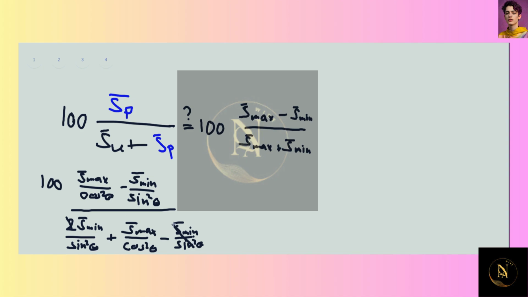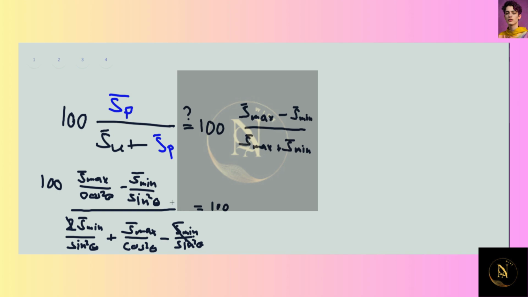So this last one cancels the 2 from the first component in the denominator. So now we have 100 times S bar max over cosine squared theta minus S bar min over sine squared theta, all over S bar min over sine squared theta plus S bar max over cosine squared theta.